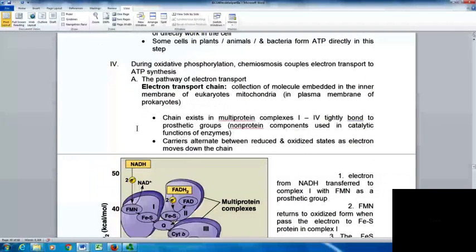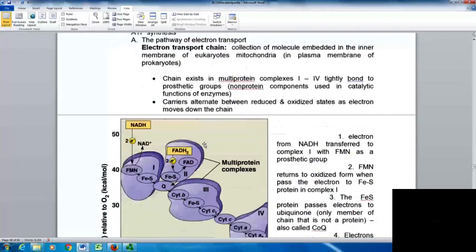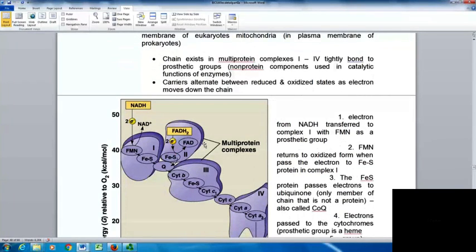So during oxidative phosphorylation, chemiosmosis is going to couple the electron transport to ATP synthesis. In the electron transport chain, you've got a collection of molecules that are embedded in the inner membrane of the eukaryotic mitochondria. The chain is going to have multi-protein complexes. So we have complexes 1 through 4 here.